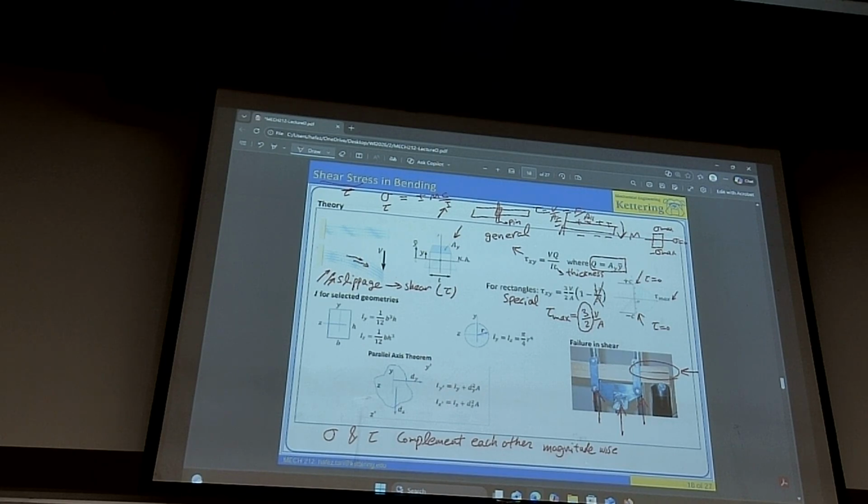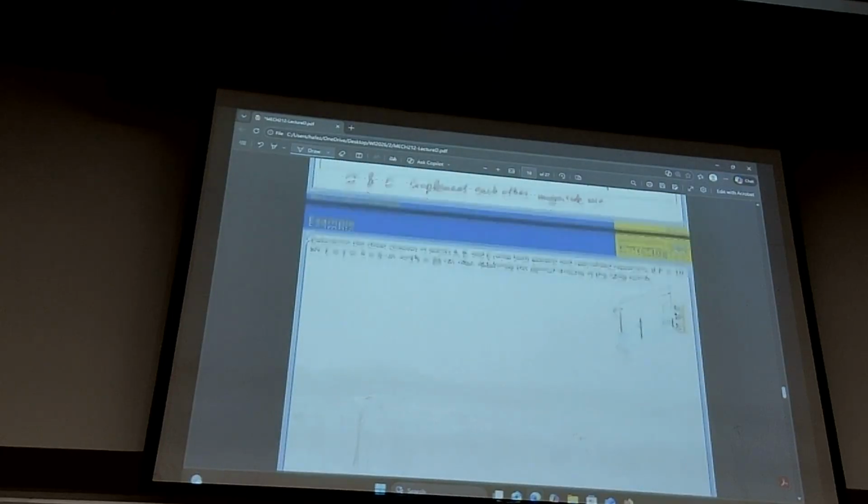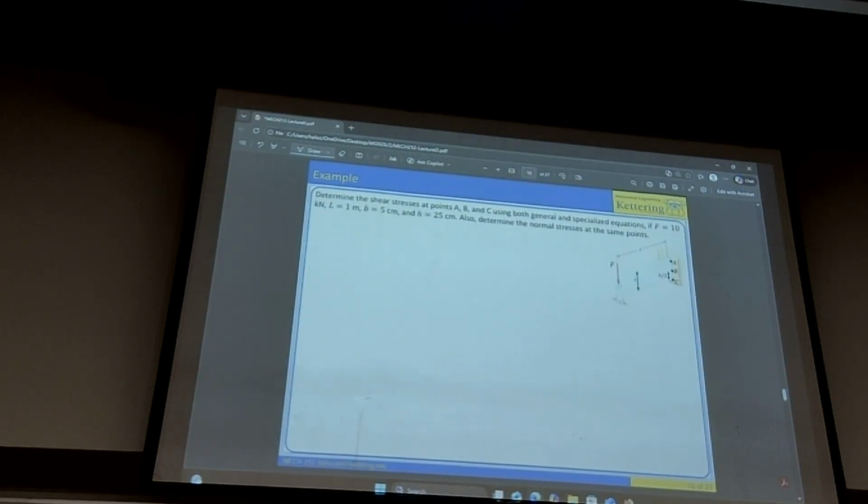So let's do the first example. If you do this, then you're equipped with the equations to do all of the problems of the homework that I posted. This is that diving board example, for instance.